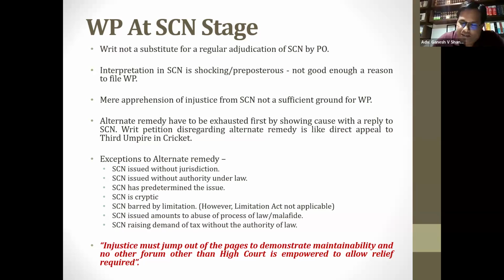When you are slapped with a show cause notice with a high demand, whatever interpretation or thought process you may get, or by seeing the writ petition, it may seem shocking, preposterous, absurd, invalid. They are all your own feelings.